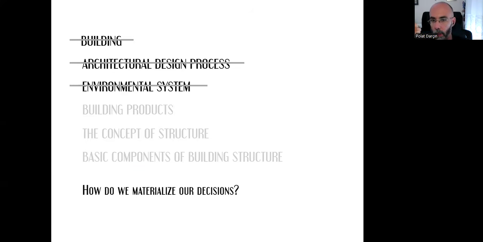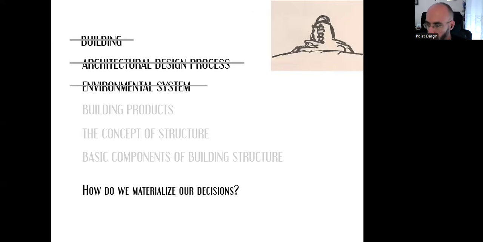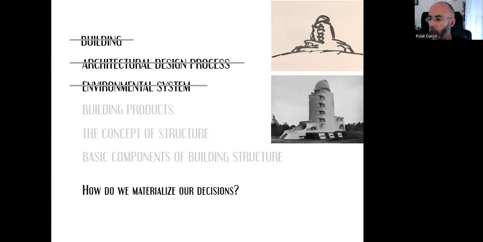Because the architectural design process is all in our head or on a paper. It's all making decisions, but we need to materialize all our thoughts and ideas as solid objects in the physical world. How do we do that?